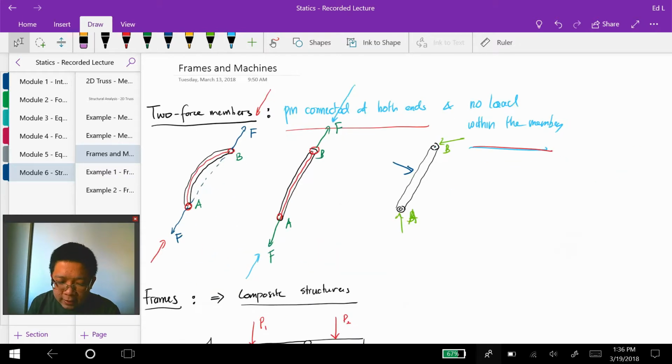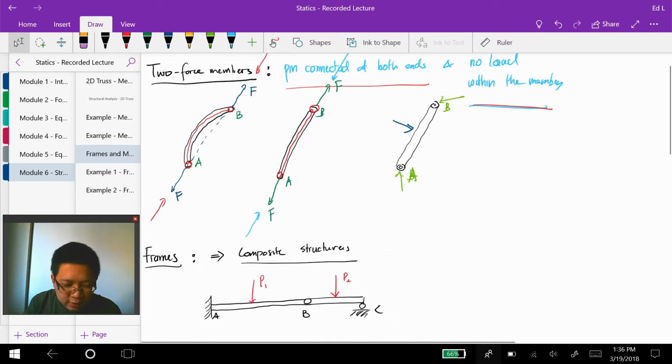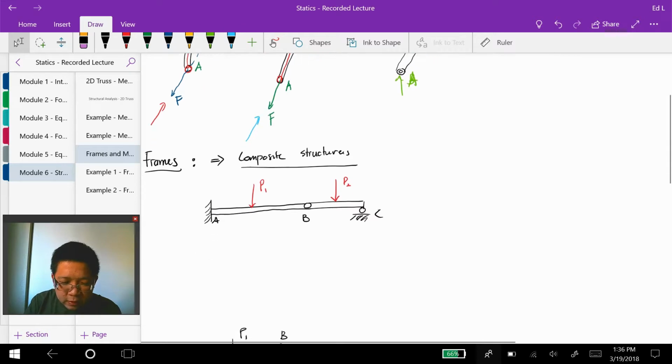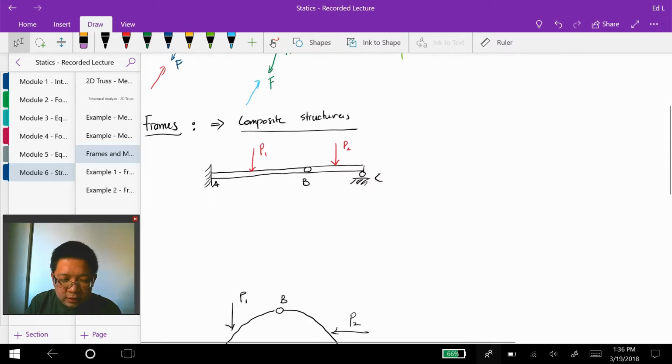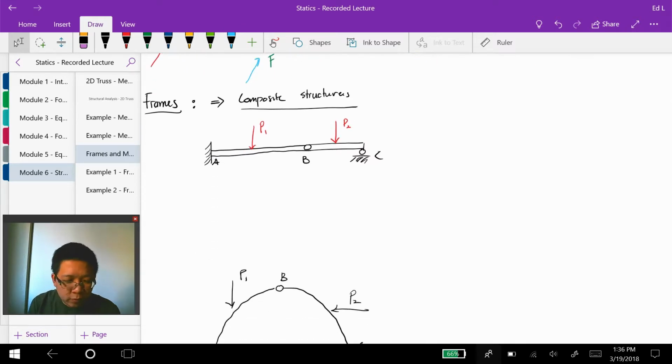With that I would like to discuss the next topic in here, where we will learn how to perform structural analysis on frames. Mainly we will talk about composite structures. For example, we have one structure and another structure that are connected with some internal connectors.